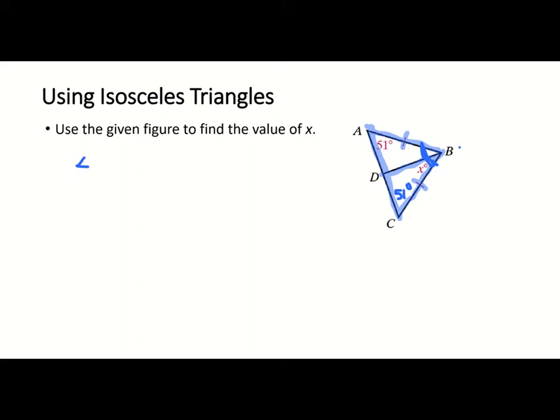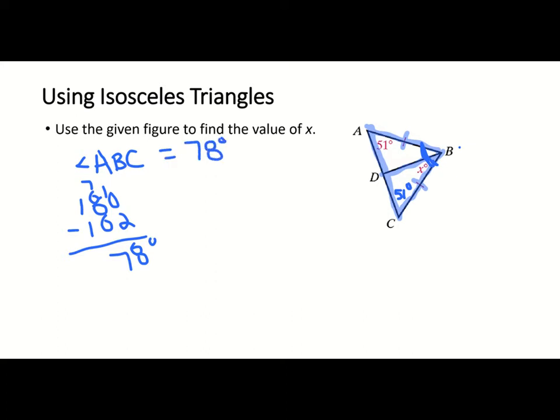And I know angle ABC, if I know the 2 base angles are 51, that is, if I double 51, you get 102. So if I take 180 and subtract 102, you are going to get 78 degrees. All right, so my angle ABC is 78 degrees.